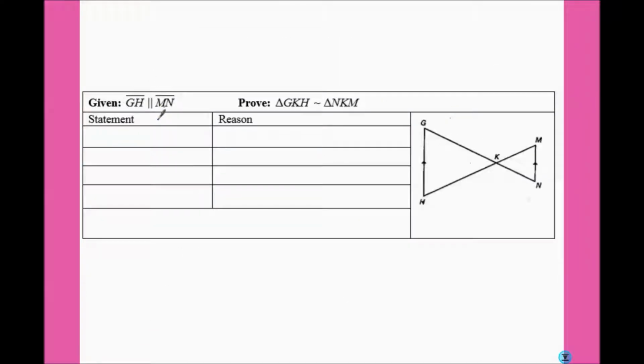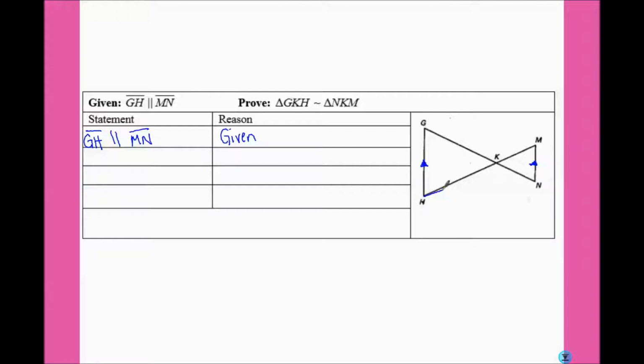Given that GH is parallel to MN, prove that triangle GKH is similar to triangle NKM. Now actually there are a few different ways, probably 2 or 3 different combinations that you could use to prove that these two triangles are similar. I'm just going to show you one of them. So again, always start with our given statement. So we know that this side is parallel to this side.